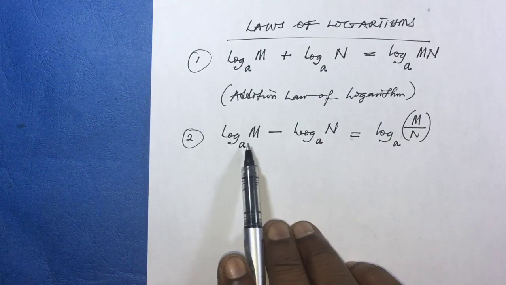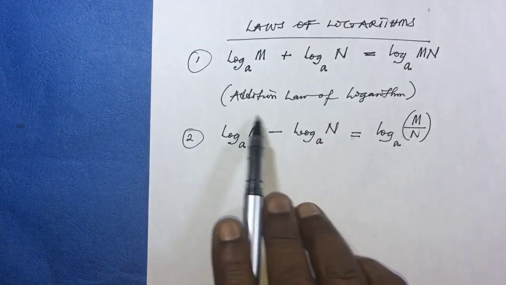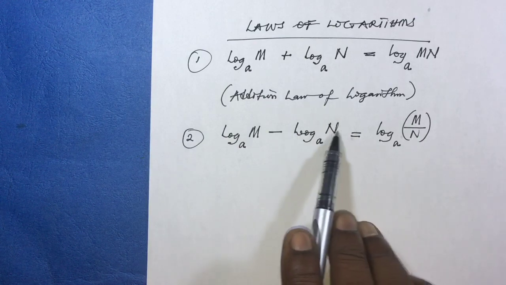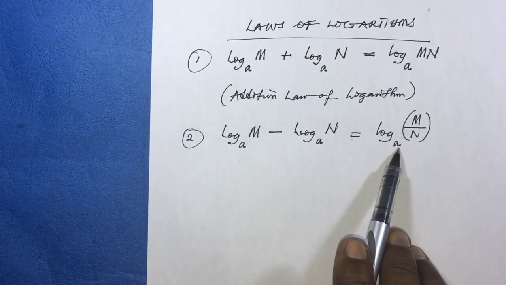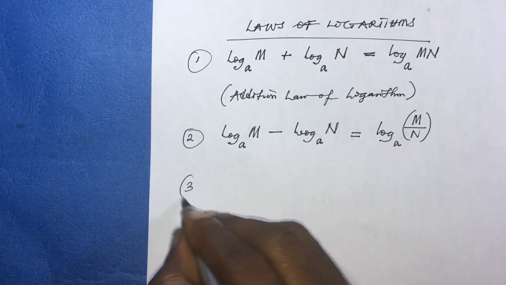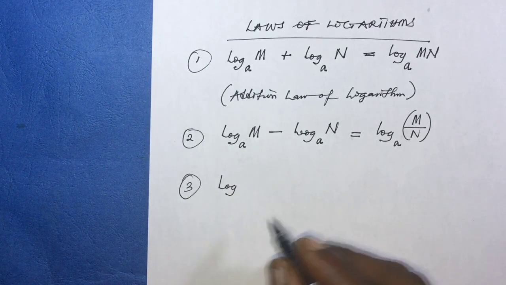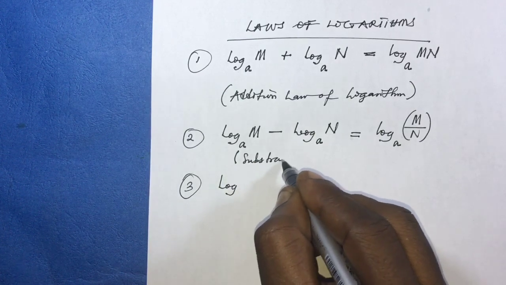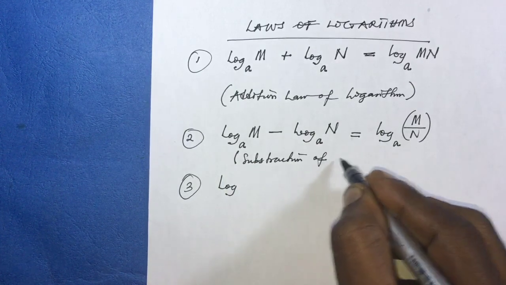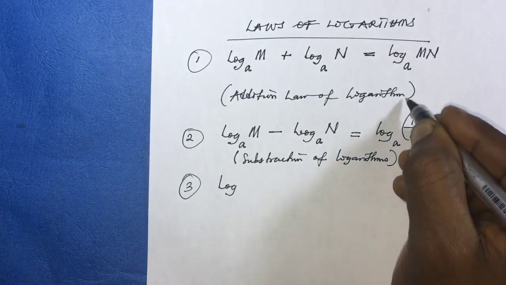So I repeat, taking the logarithm of a number m in a given base and subtracting from the result the logarithm of another number n in that same base will give you the logarithm of their quotient in that base. This law number 2 is called the subtraction law of logarithms.